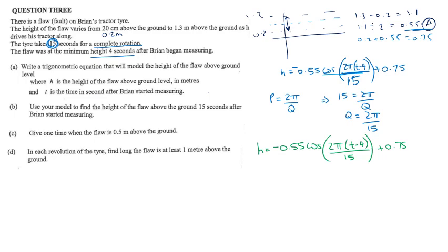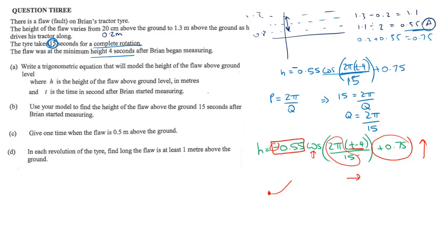Just to reiterate: the amplitude is 0.55, and because I'm starting at the low point, that's why it's a negative. It's cos, because I want to start at that low point. It's been shifted over 4 places to the right. The baseline's moved up 0.75, and the period is now 15.